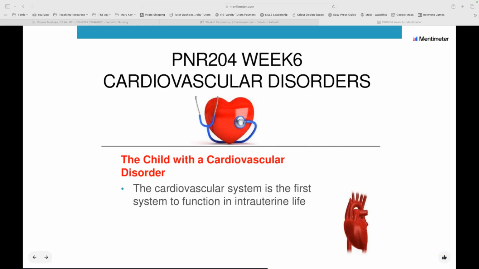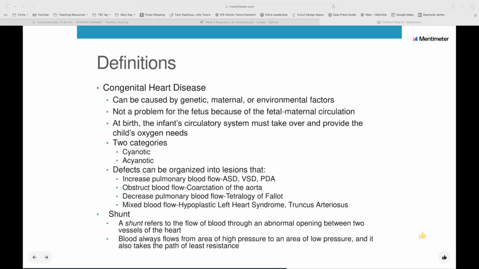So this is our first system to function in utero. So we have different types of congenital heart diseases, and these can be caused by a lot of different factors, whether it's a genetic disorder, if there's something wrong with mom, or environmental factors.